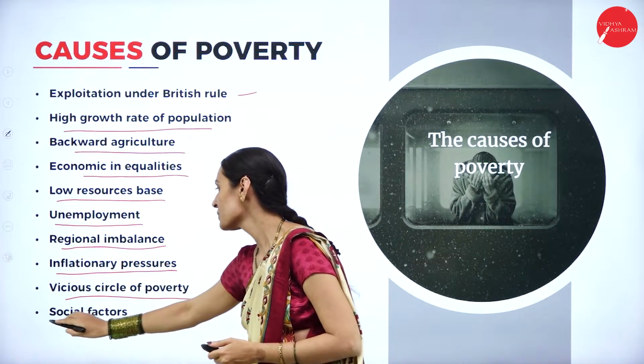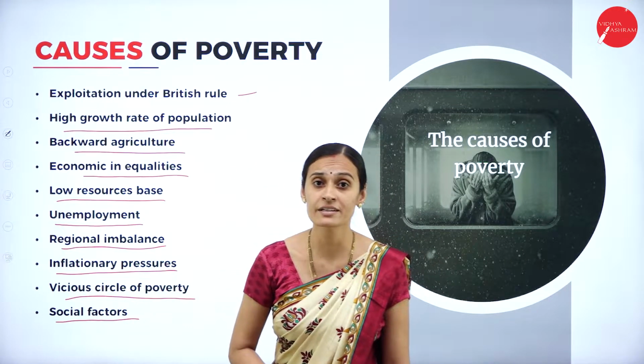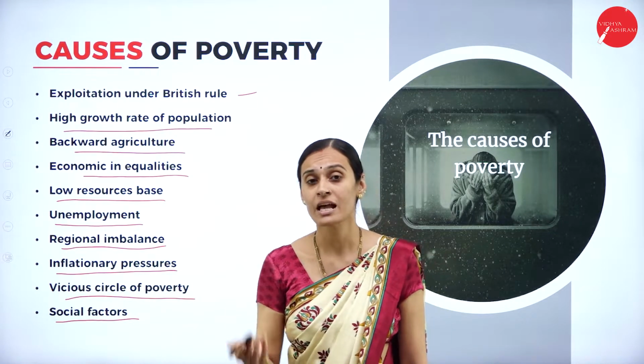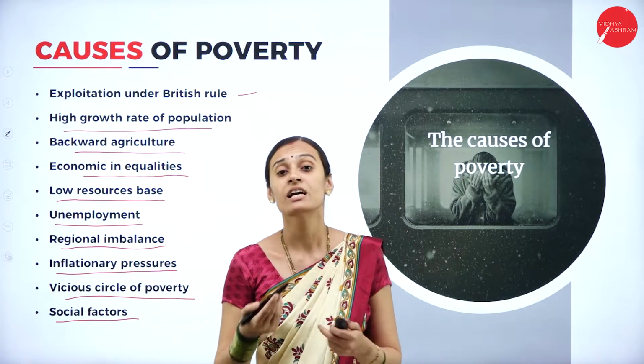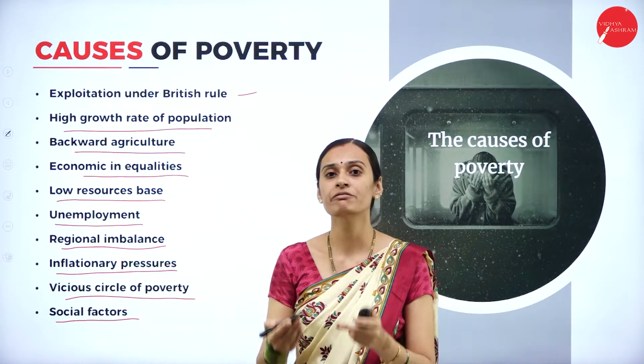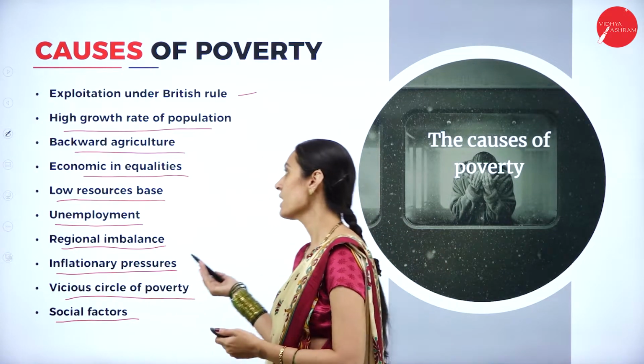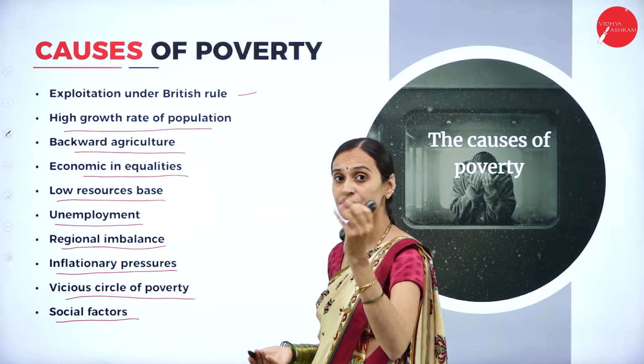And the next one, the remaining factors are considered as social factors: indebtedness, illiteracy, ignorance, lack of skills, and lack of infrastructure facilities. So these are all the different factors which affect poverty. I have listed a few very important points here.